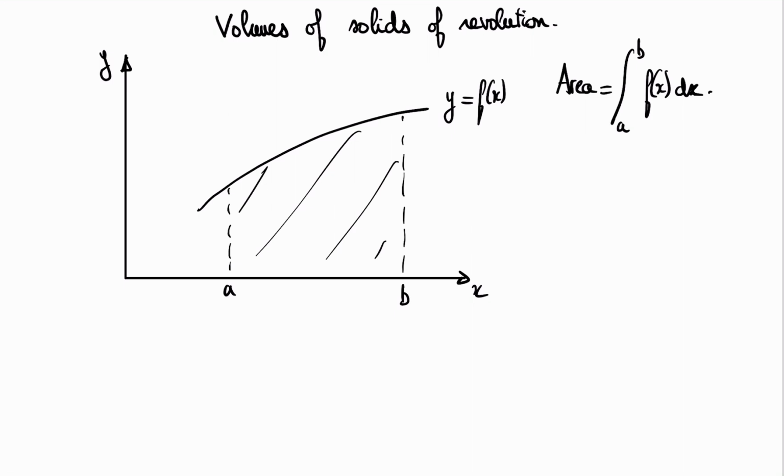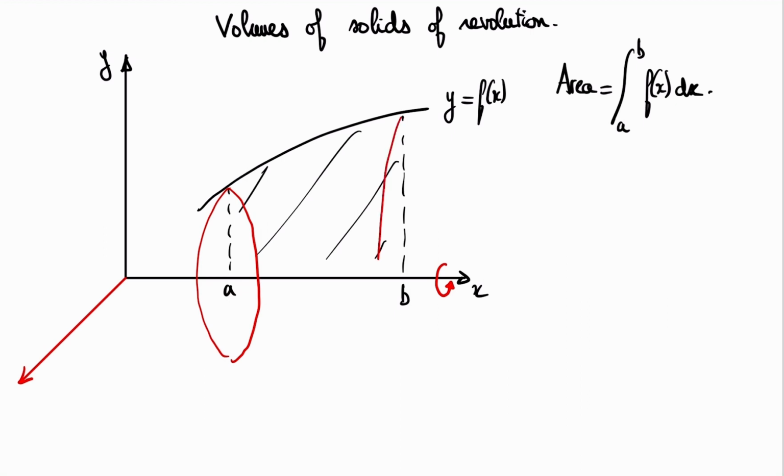Okay, so now we are just going to imagine something a bit different. At the moment we are in the 2D plane, but if we had a third dimension, and so now we are in 3D, and we are going to rotate this thing around the x-axis.